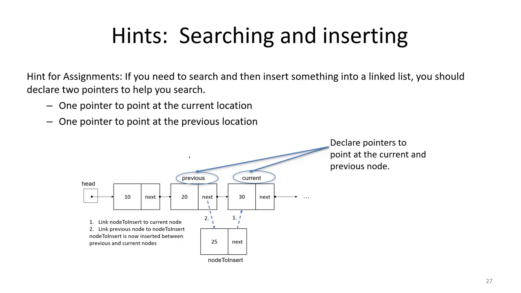So in this case, I recommend that you declare a pointer called prev or previous and another pointer called cur or current. So you have one pointer named cur, which points to the current location, a second pointer called previous, which points to the previous location. And you'd see that if I know the insertion point and the previous node, it makes it very fast and easy to insert something into our linked list.